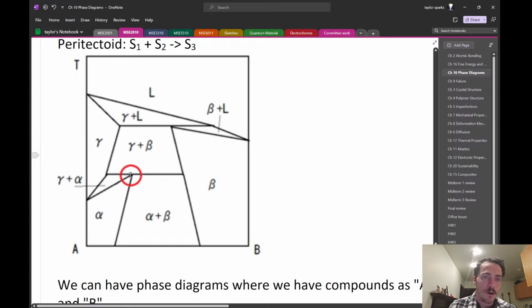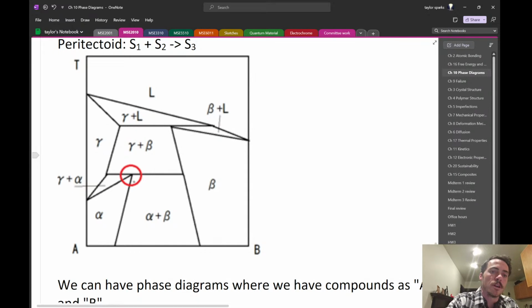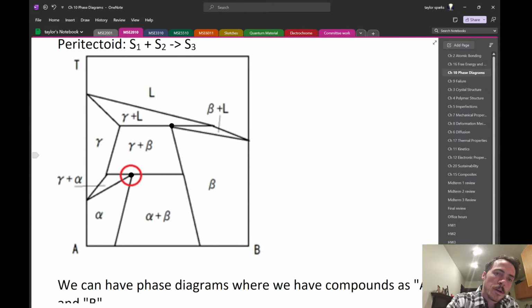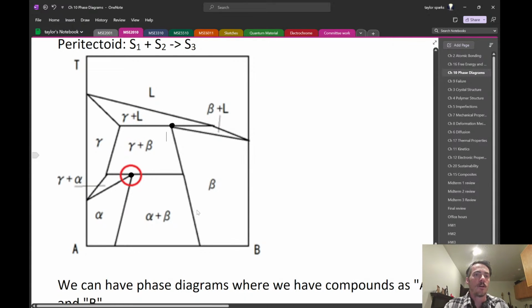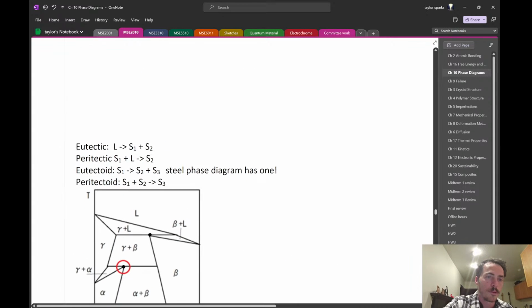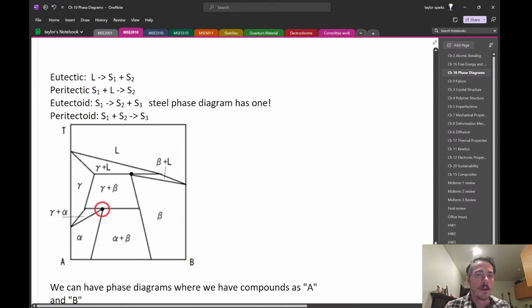And when you go below it, at that point, you end up with alpha. Sometimes people ask, if you go below it, don't you actually miss it? Technically you do. But at that point, you have an equilibrium upon cooling between the phases that we just described. So that would be a peritectoid. Up here would be a peritectic. Yeah, and that's what I see on that diagram. Okay. There are a few other unusual ones we talked about in this class, but those are the ones that you need to know about for this exam.